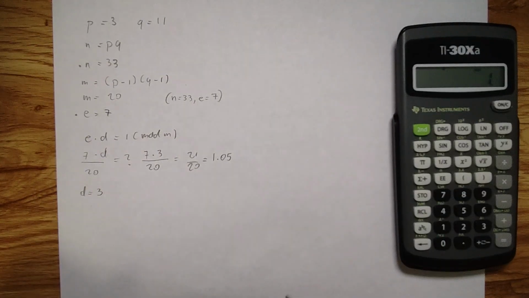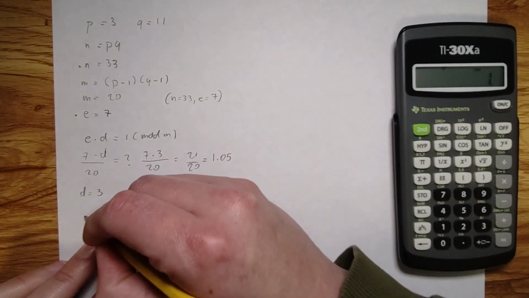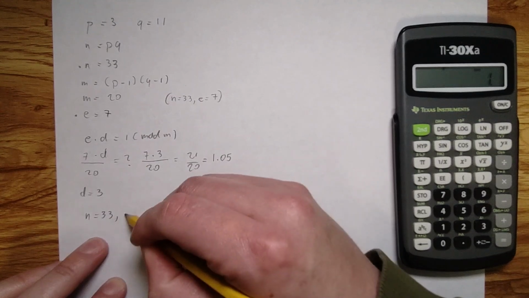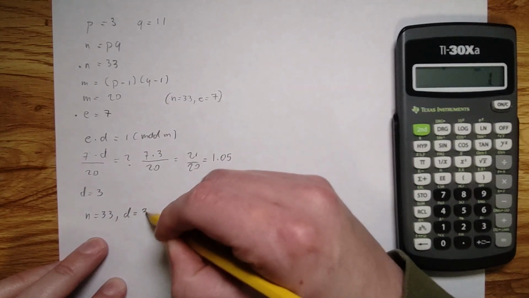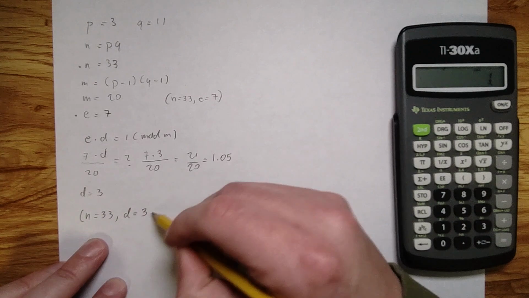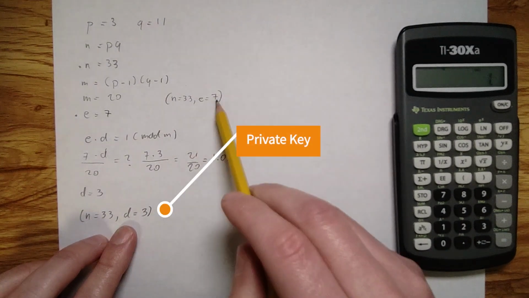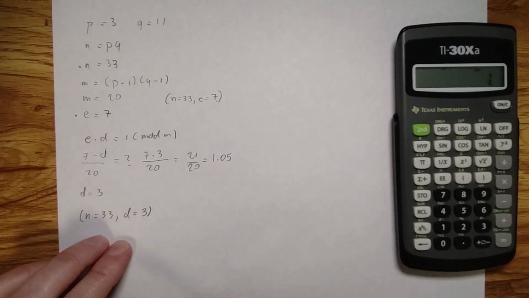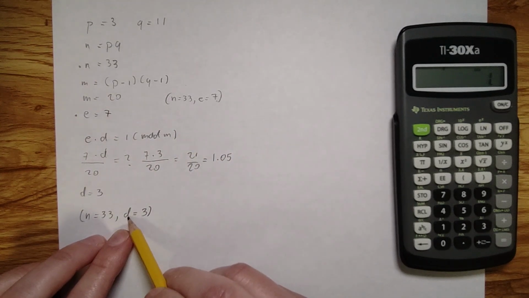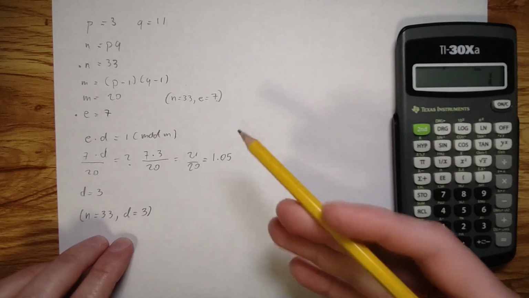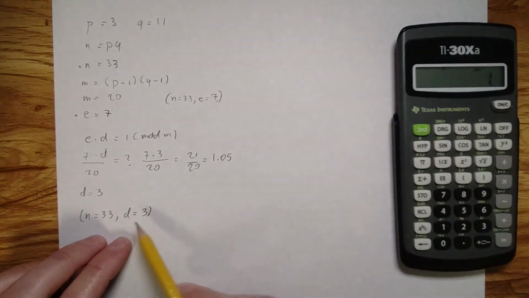Now, this is the second piece of information. We keep N, which is 33, and D, which is 3. This is the private key. So now we have a public key and a private key. Why is it called D? Because it's decryption, and E is encryption. Let's say the client is going to encrypt with this, and we're going to decrypt with this one.